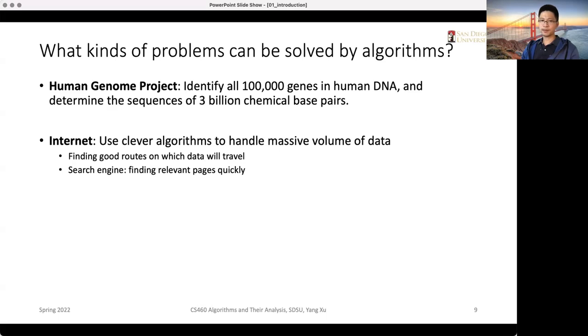And search engines like Google implement algorithms that are not only running fast, but also can produce results that make sense, that semantically make sense. The more related content will be presented to you, for example.